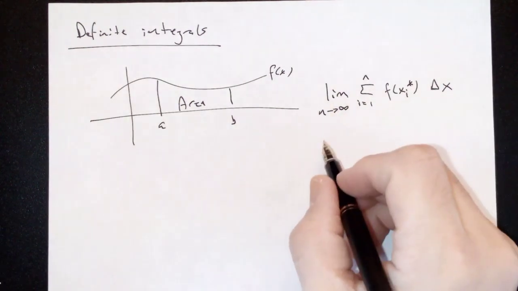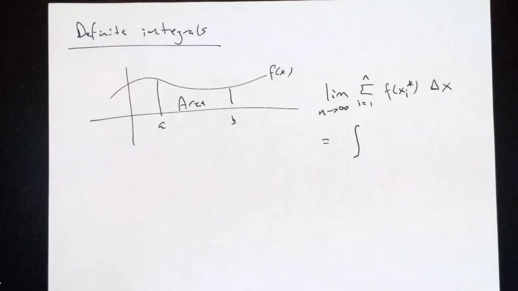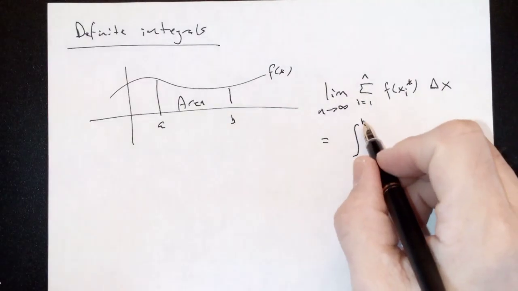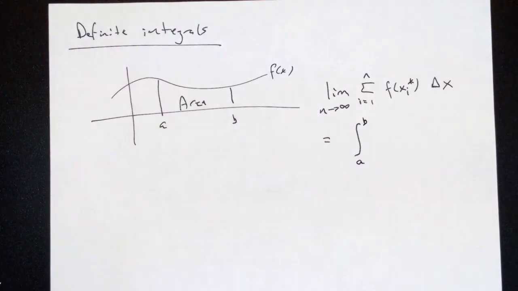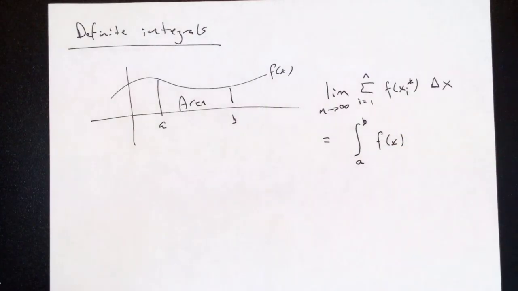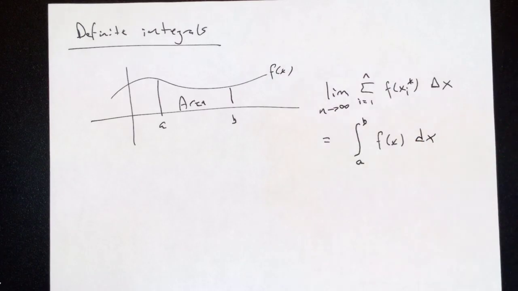I'm going to write, instead of the sum, an elongated capital letter S. The sum, starting at a and ending at b, of what? Of areas of little rectangles. Rectangles whose height is given by f of x and whose width is a small piece of the x-axis, a differential.